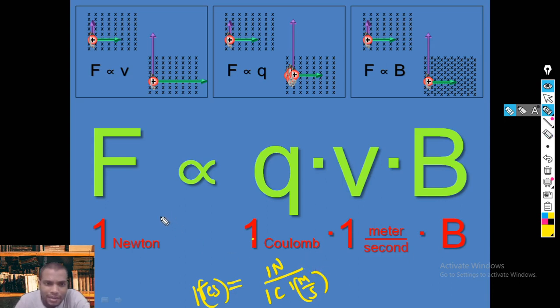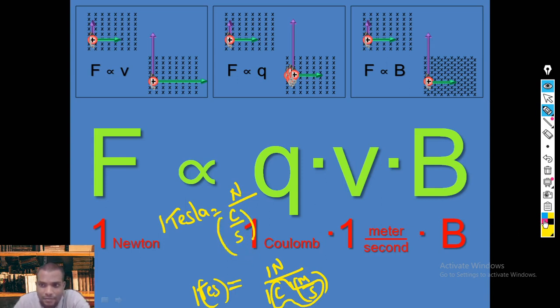So how can I write 1 Tesla? 1 Tesla equal to, in the numerator Newton is present, and in the denominator C by S. If I write charge per time, this gives me current, and current units are amperes.